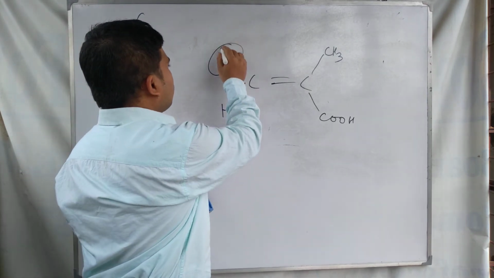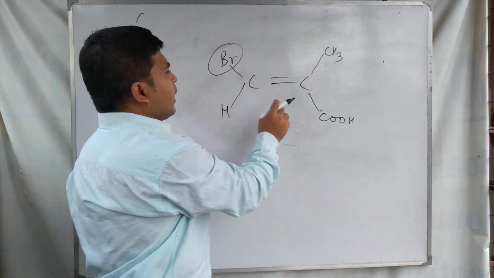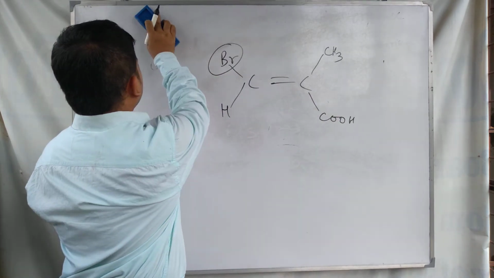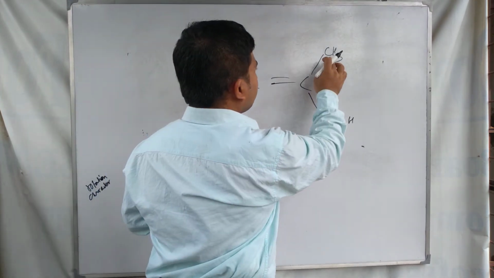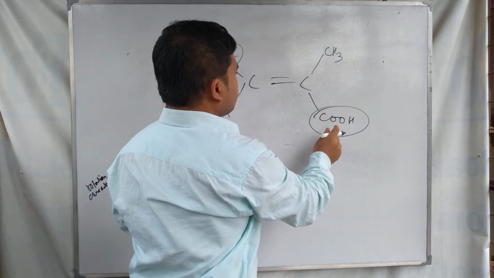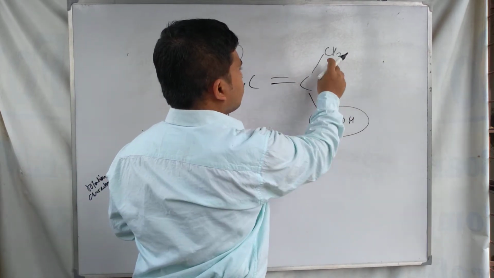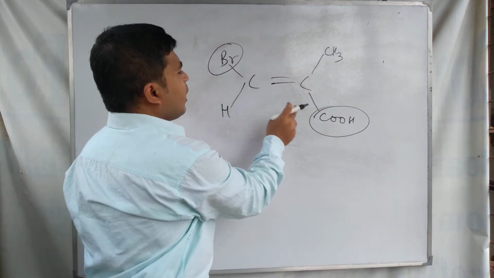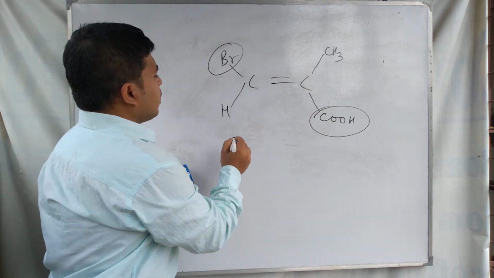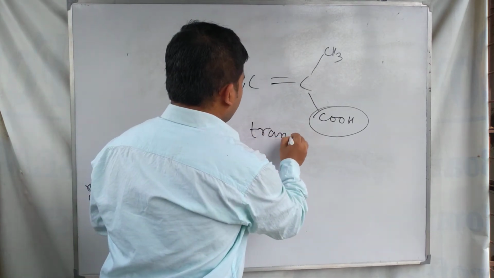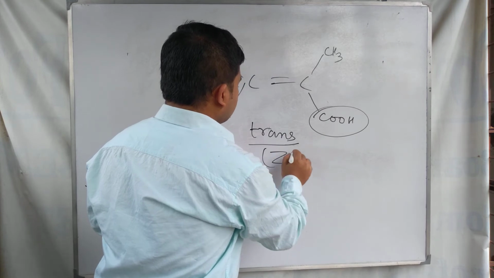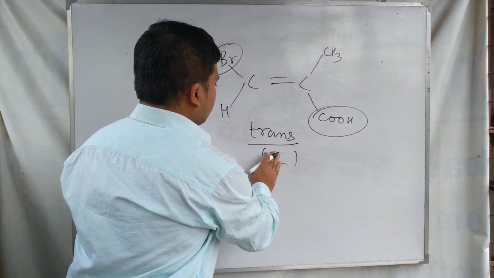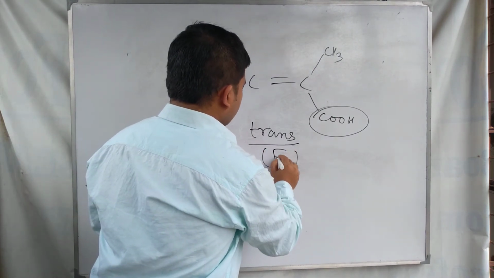The higher priority groups here are COOH and CH3, these two are the higher priority among these groups. So these two higher priority groups are in opposite directions. That is why it's a trans isomer, or you can use E, not Z.